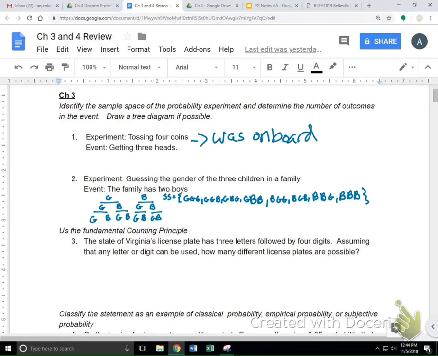Then we're looking for the case that the family has just 2 boys. We see they have 2 boys in this one, here, and here, so those are the only 3 cases where that happens.